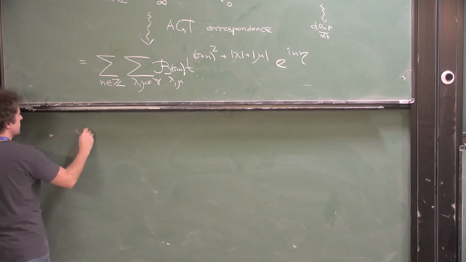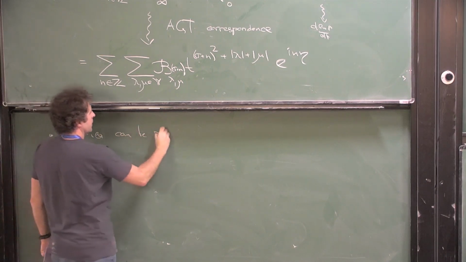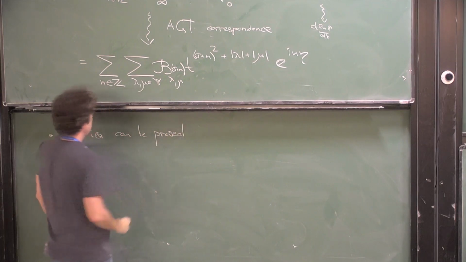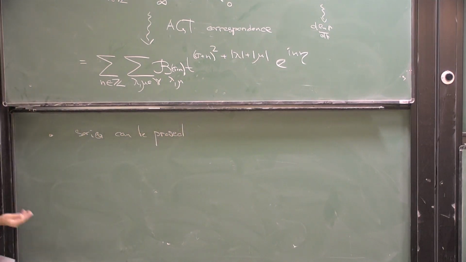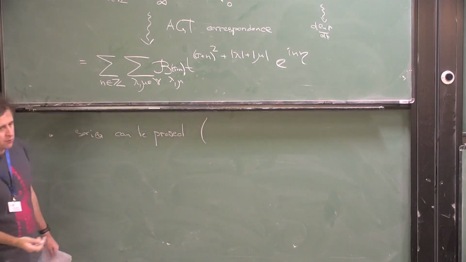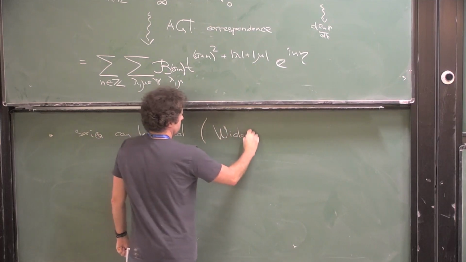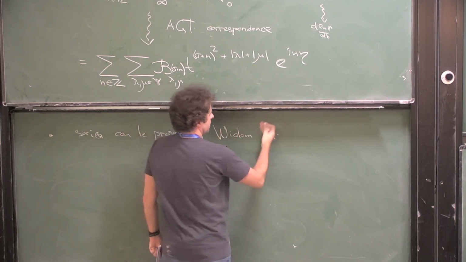The series can be proved, and the key quantity that has to be used here is the so-called Widom determinant.